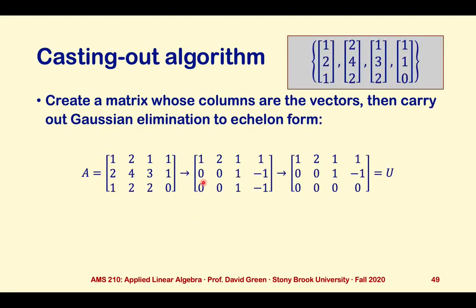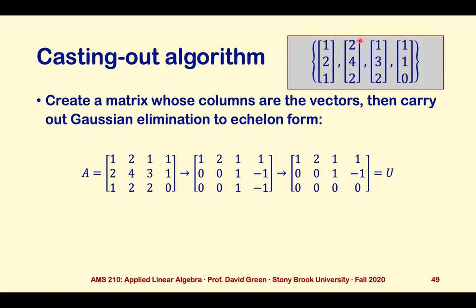This kind of problem, where what we want is a basis that is drawn from the original set, is best solved with the casting out algorithm. This begins by creating a matrix whose columns are the vectors. It does not matter how we present the original vectors, they need to become the columns.